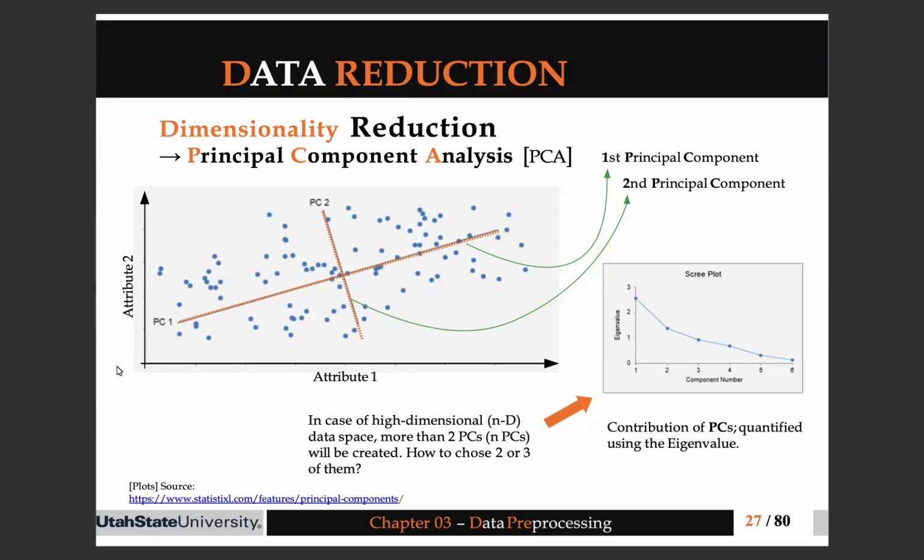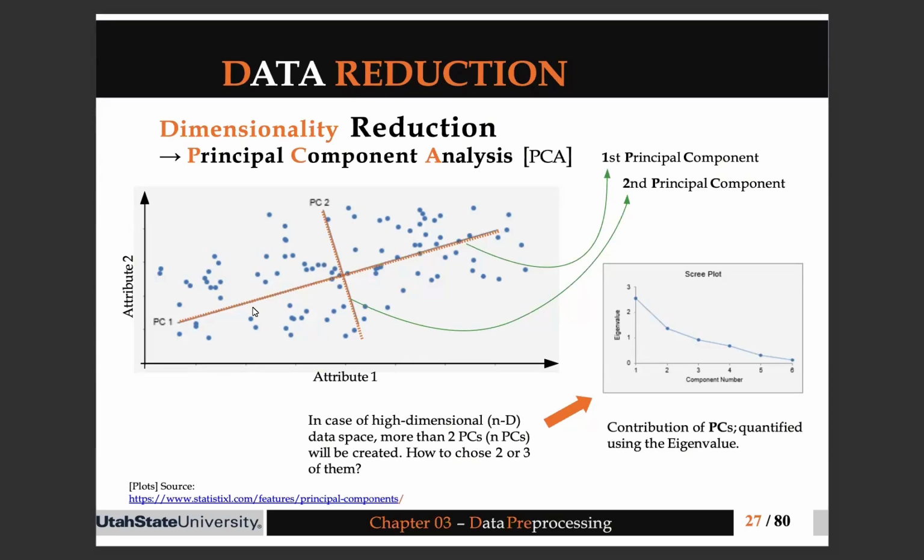So here you could see a two-dimensional data set with two attributes, attribute one and attribute two. The new axes are called principal components, and they are also known for better explaining the structure of the data. The second principal component is always going to be orthogonal to PC1.